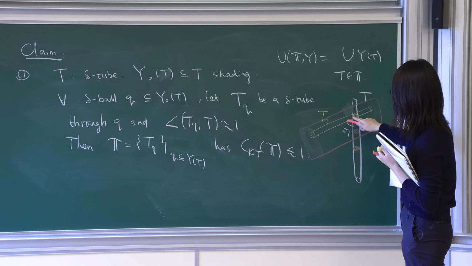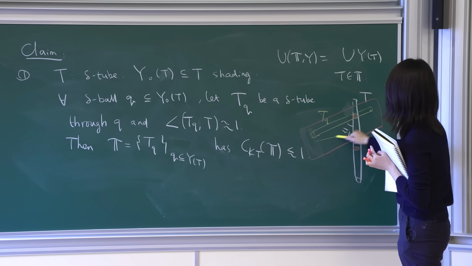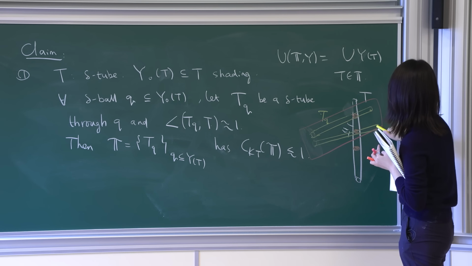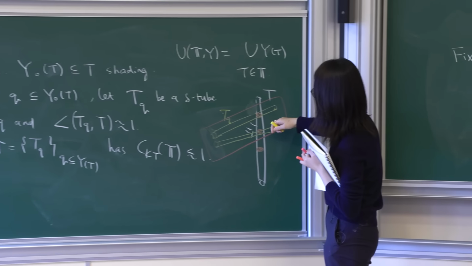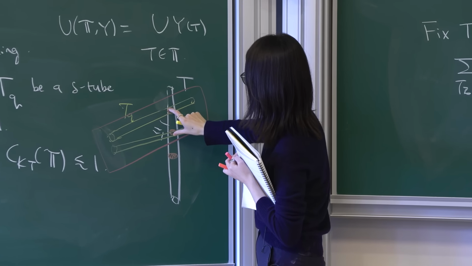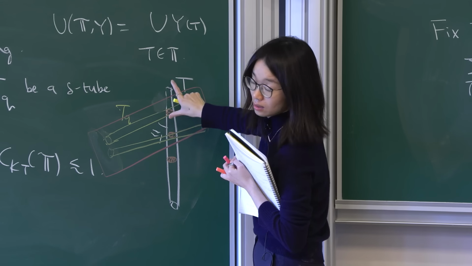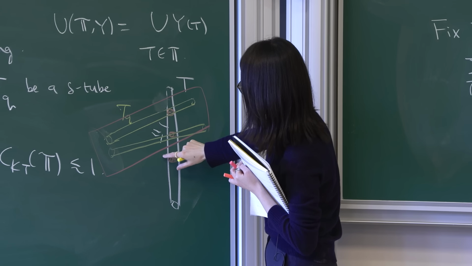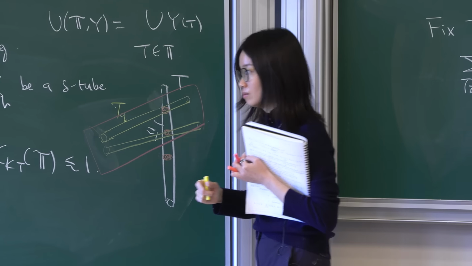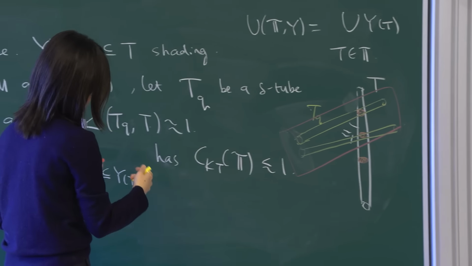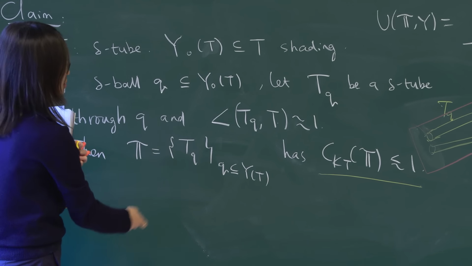We know that for each delta ball, there is only one passing through it. So the number of yellow tubes contained in this red box cannot be more than the number of those delta balls contained in this segment intersecting the red tube, because their angle is roughly 1, so the length of the segment is roughly the width of the rectangular box. And that is how we show the Katz-Tao Wolff constant is bounded by 1. So this is the first claim.